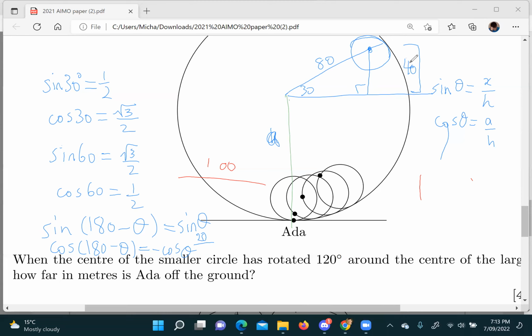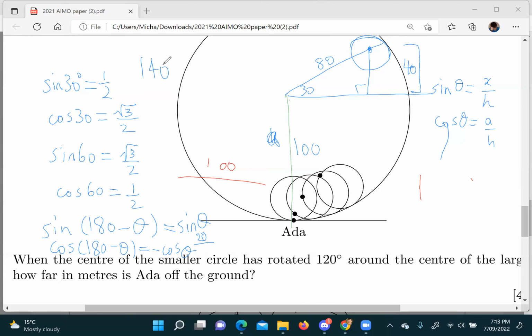So what is the height of the center of the small circle then at 120 degrees? The center of the small circle will be 40 plus 100. So the height's 140, right?